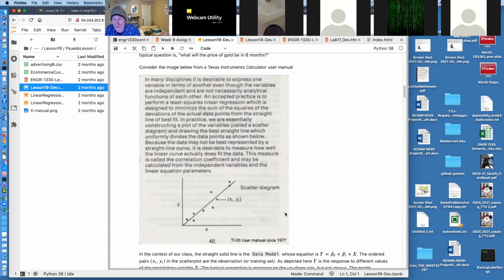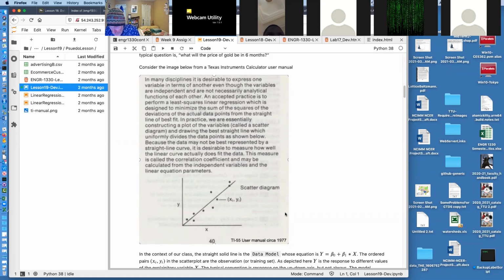Excellent. A scatter diagram and drawing the best straight line which uniformly divides the data points as shown below. So if you have 9 data points that fall like that, that apparently is the best line that you could get.